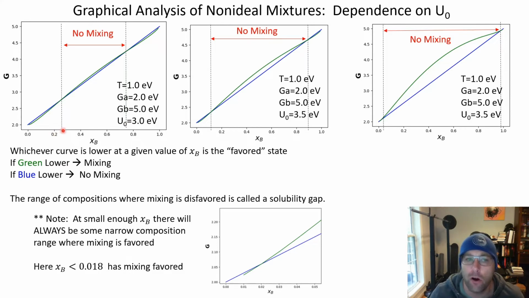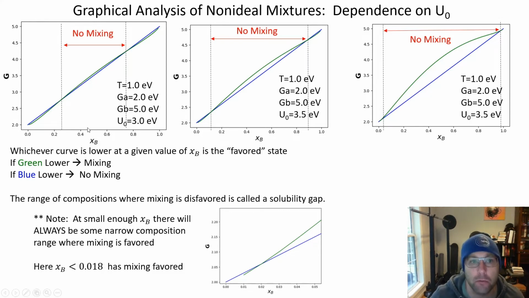Depending on where we are in x sub b on the x-axis, the lower curve changes, right? So if we're at very small x sub b, less than, say, 0.25, the green curve is still lower than the blue curve, and we would expect mixing. But as we cross this value, which to my eye looks like about 0.25, it starts to be true that the non-ideal mixed curve is higher in free energy than the blue curve.